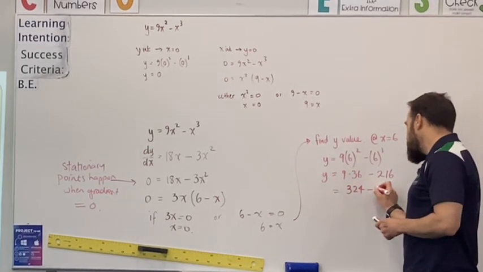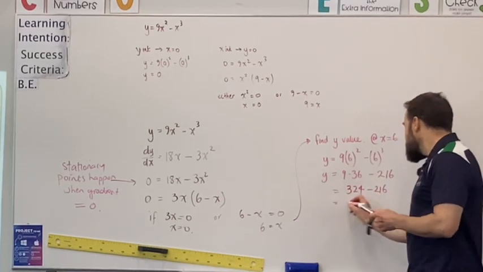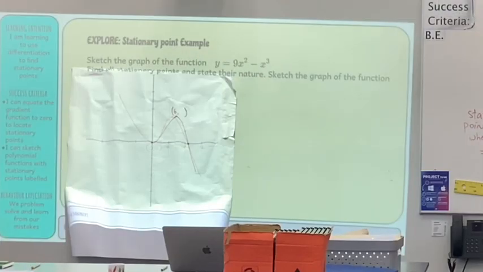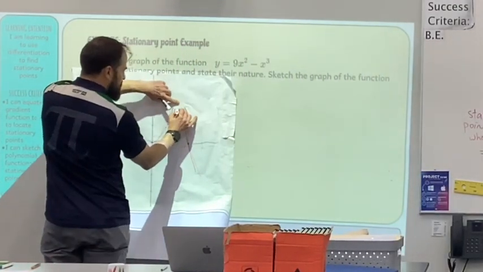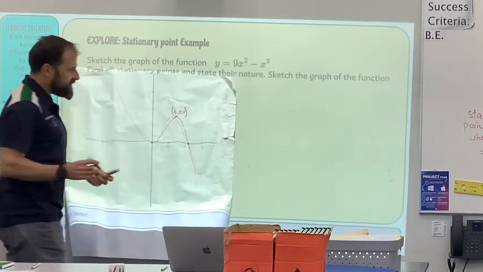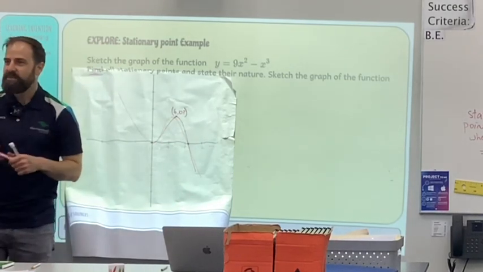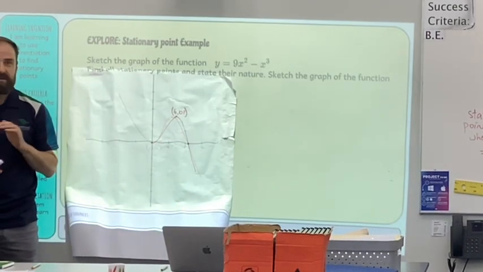How's my maths going? I hope it's okay. I could have made a mistake. 324 subtract 216, take 6 is 18, take 10 is 8, 108. Lucky I didn't put a scale on my graph because I feel like that 108 wouldn't match, but we don't need to make that match, it's okay.